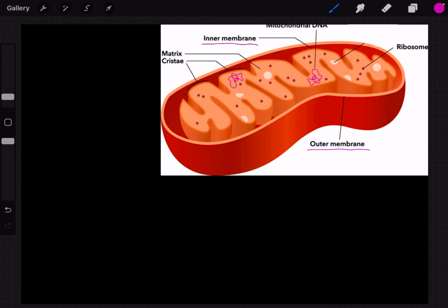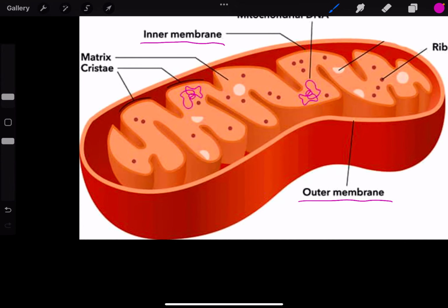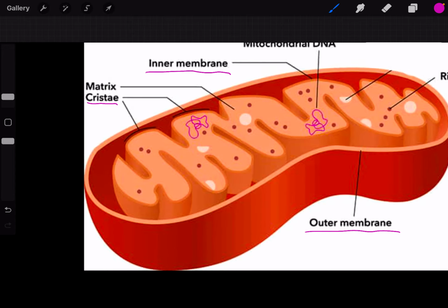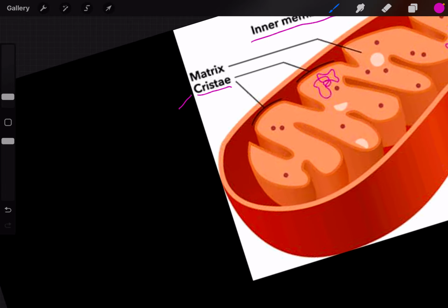Now the outer membrane is relatively smooth. It just kind of protects the inside, and the inner membrane has foldings. These foldings are called cristae, and they fold to, of course, increase surface area, which will come in handy for cellular respiration.